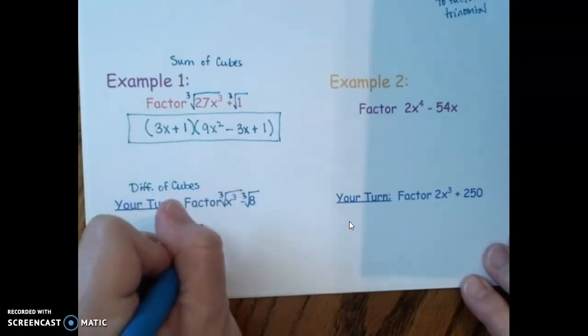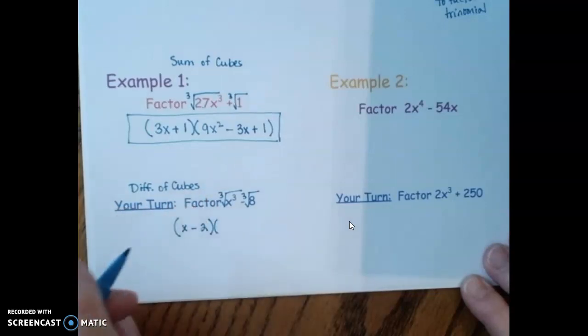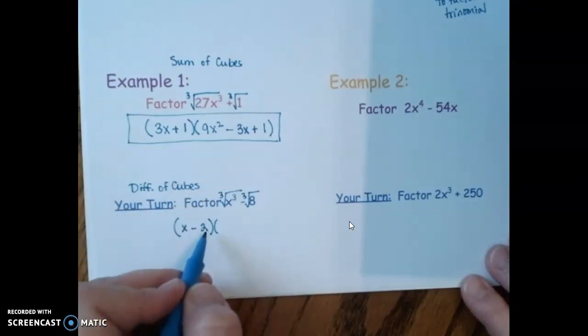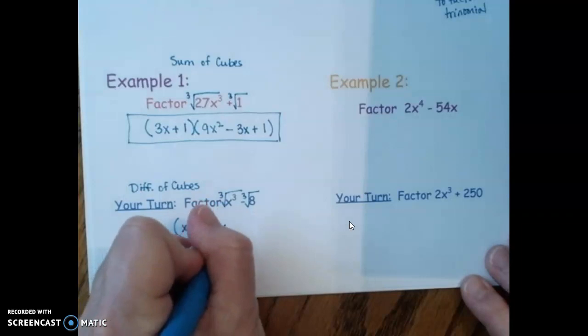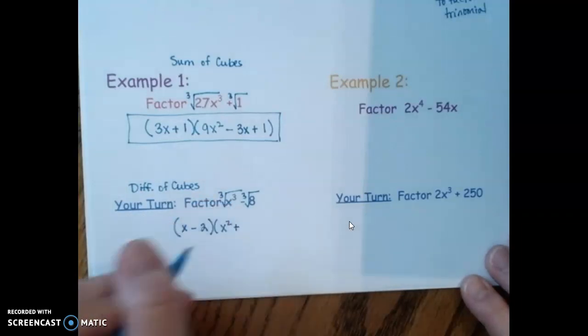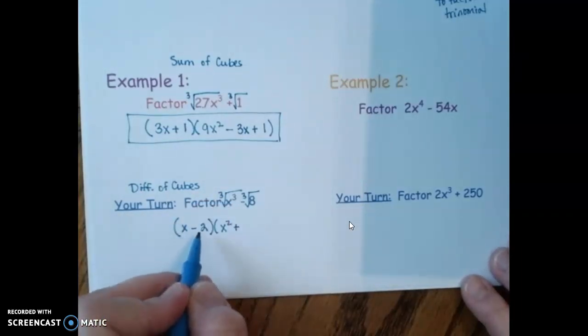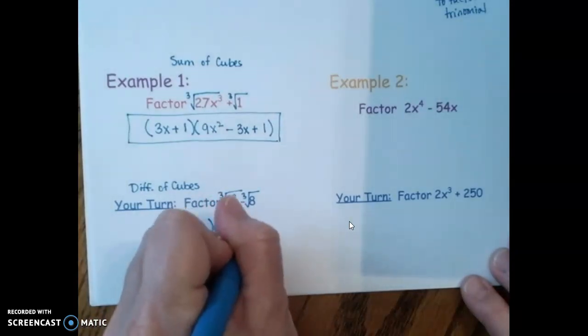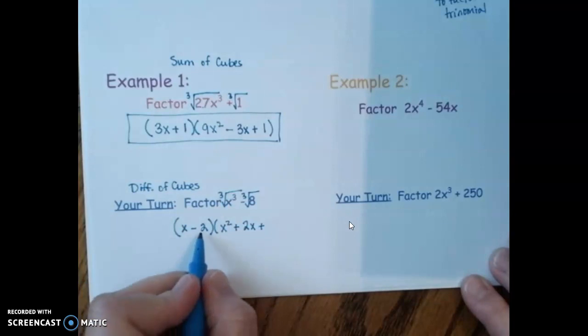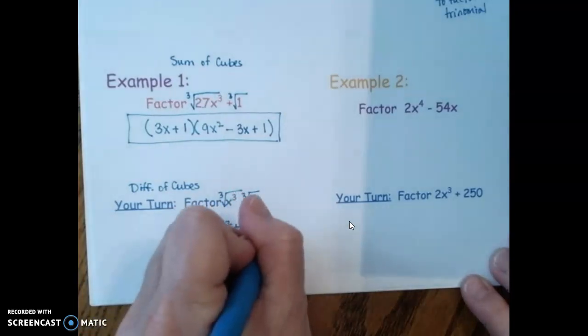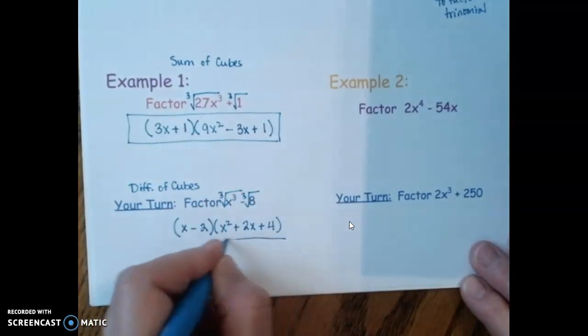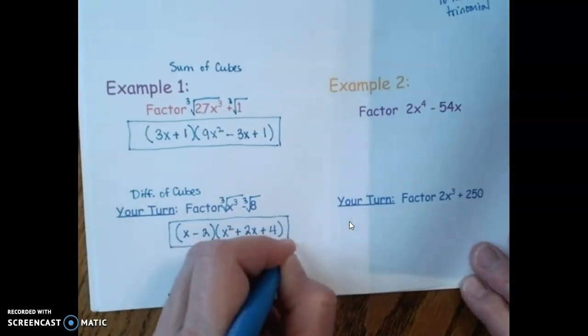The cube root of 8 is 2. Now we're going to create that trinomial, so square the first, opposite sign. We want the product of our two terms, so x times 2 is 2x. Always a plus, square your last. So 2 squared gives us a 4. So hopefully you got the correct answer there.